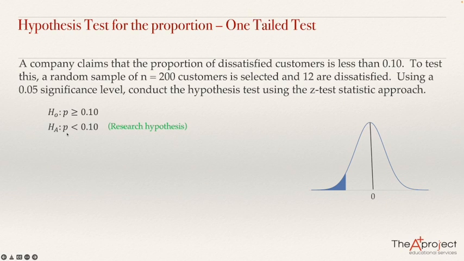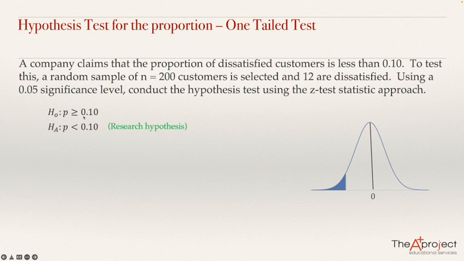Because the alternative hypothesis says less than, there will be only one rejection area, and this rejection region will be to the left. Remember that in the middle of the distribution, this 0 corresponds to the actual mean. The mean in the sampling distribution of the proportion is P, and I'm going to consider that P is 0.10.